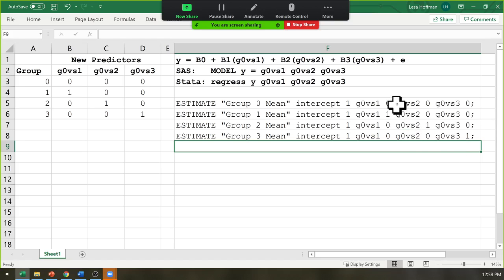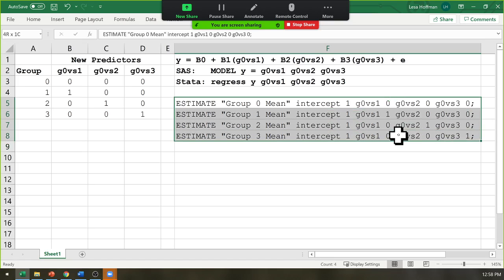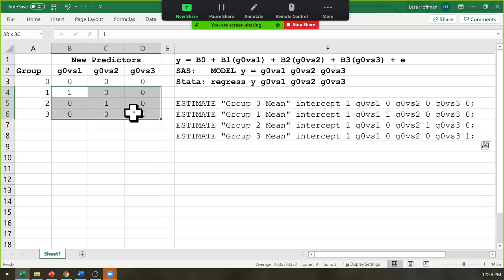So the same grid-like pattern of ones on the diagonal is in both places. Okay, does this much make sense?